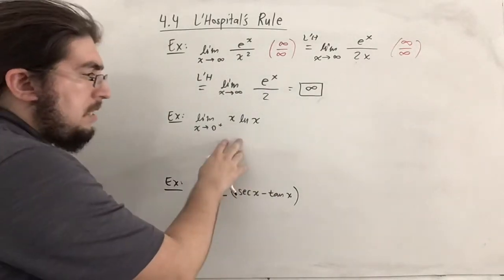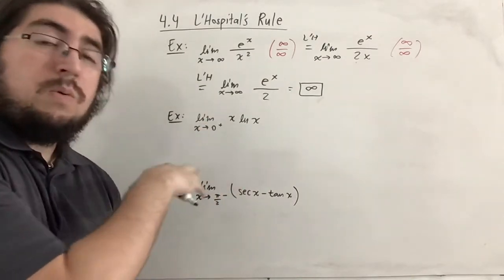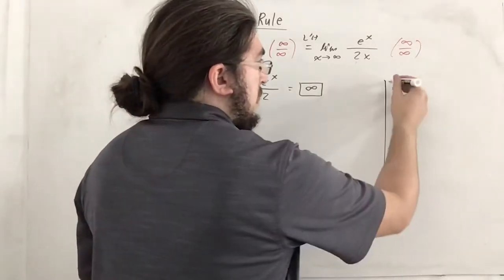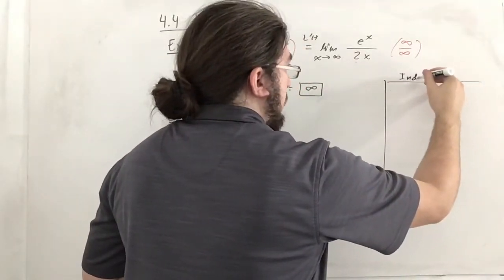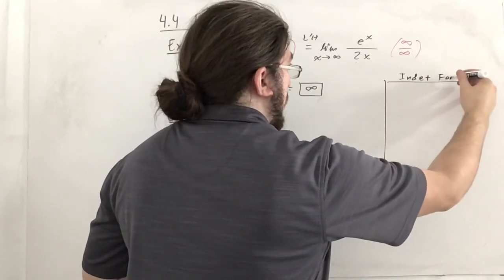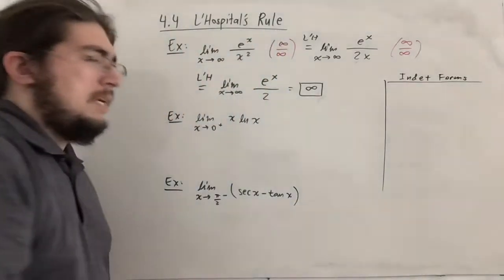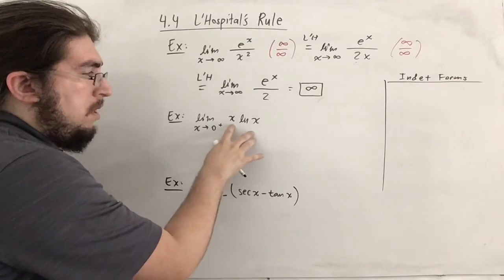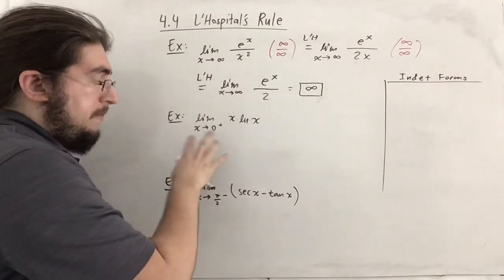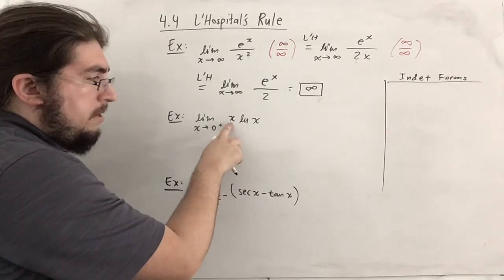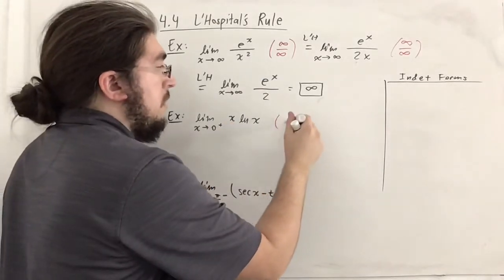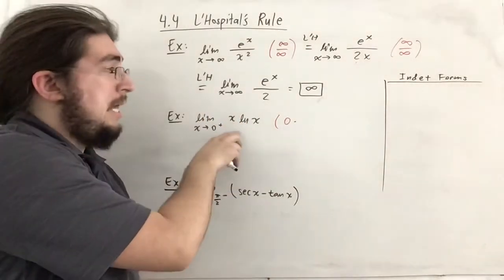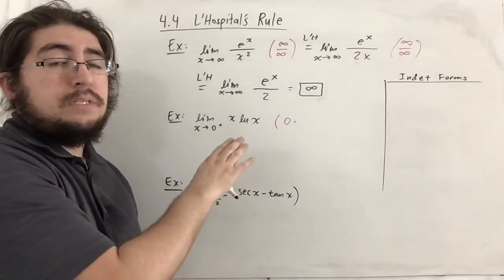Anyways, now this is a little different because for this one we see a different type of indeterminate form. And in fact, I want to summarize here the different forms there are. So there are actually quite a few indeterminate forms that are somewhat equivalent in some sense, meaning that L'Hopital's rule will still be applicable. And this is one. Notice when you plug in 0 from the right, you will see why that's needed in a bit. So when you plug it into this, we get 0 here, so the indeterminate form here is 0 times ln of 0. Now, the reason why it's from the right is because ln only exists over positive numbers, not even 0.